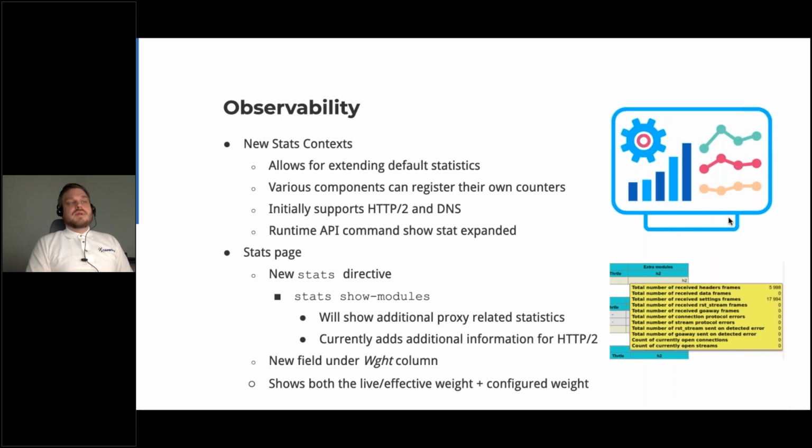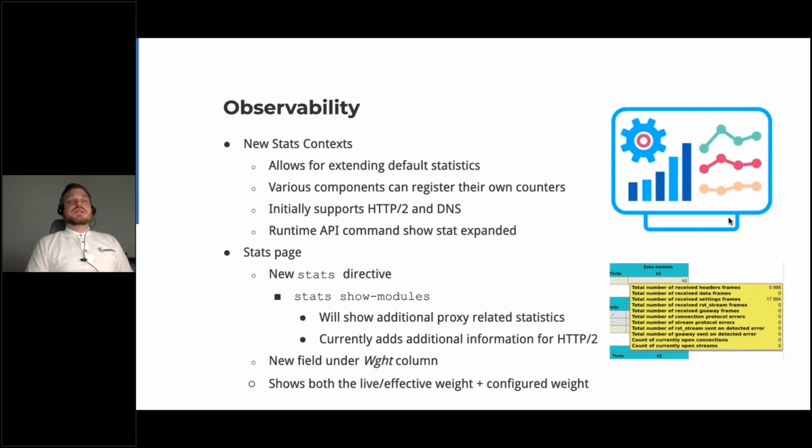So many of you know HAProxy is known to provide best-in-class observability into the traffic that passes through it. With over 100 measurements available through the show stat command, it's able to measure error rates, track queue lengths, connection counts, and much more. And with that said, there's a growing need to continue to improve the amount of statistics and metrics that can be pulled from HAProxy.